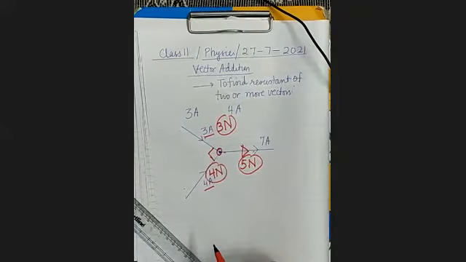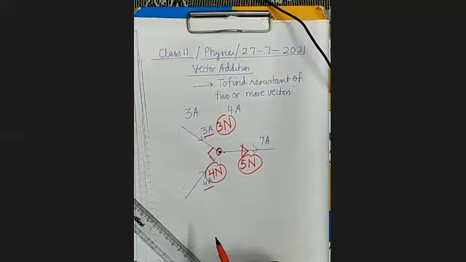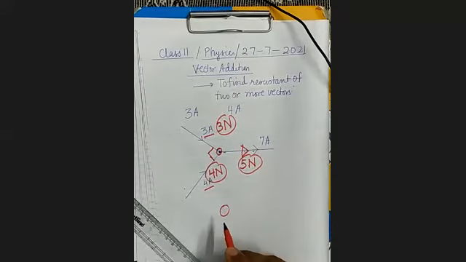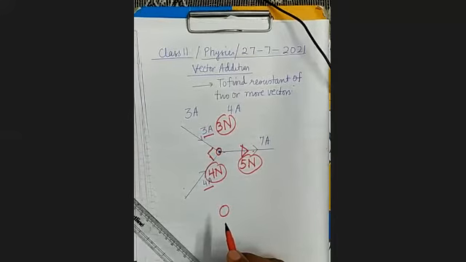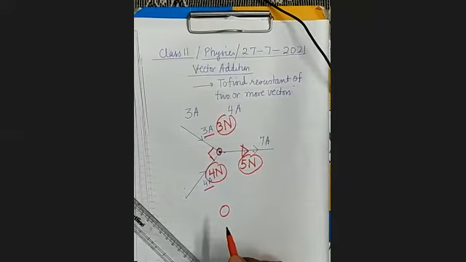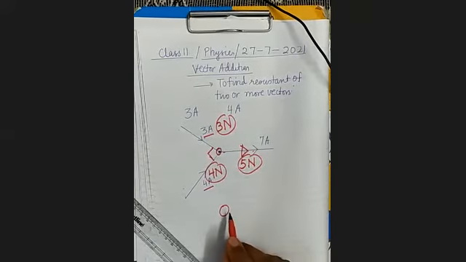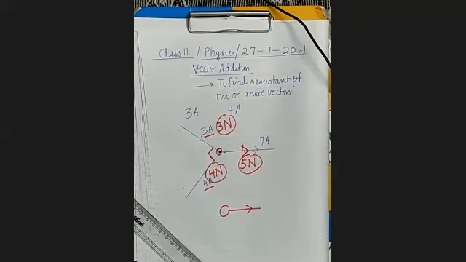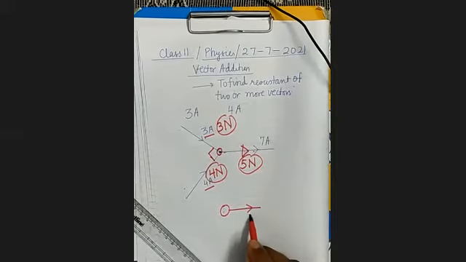Here we can say that there will be the same effect on the body. The body will acquire the same velocity, the same speed and in the same direction, whether we apply 5 Newton force or apply 3 Newton and 4 Newton force combinedly.